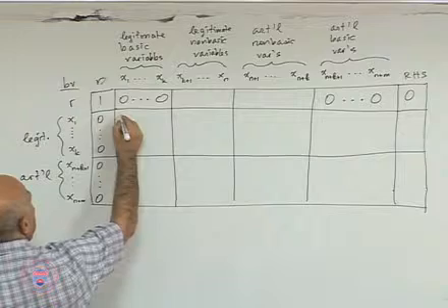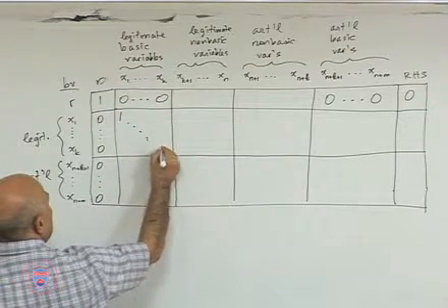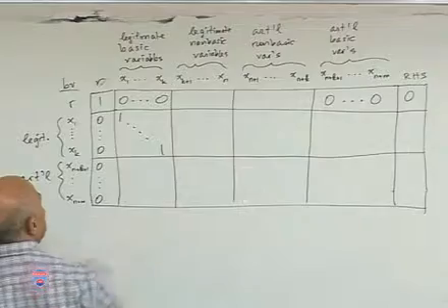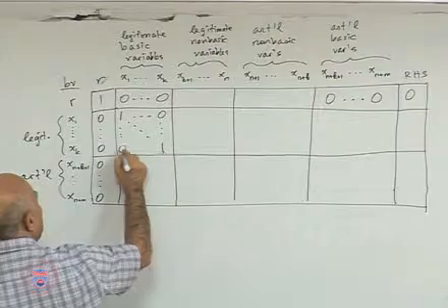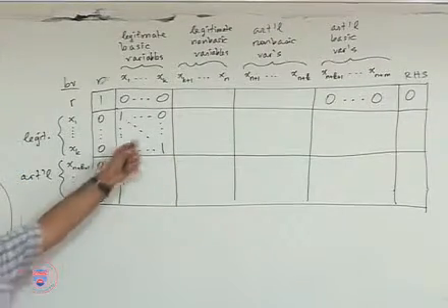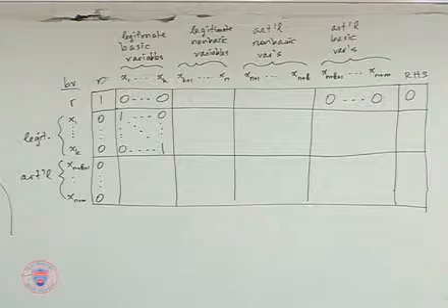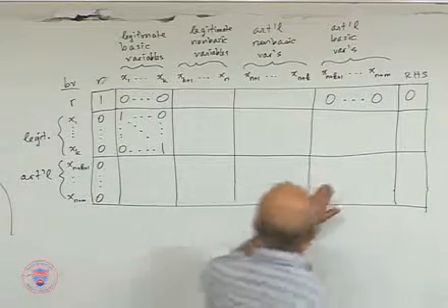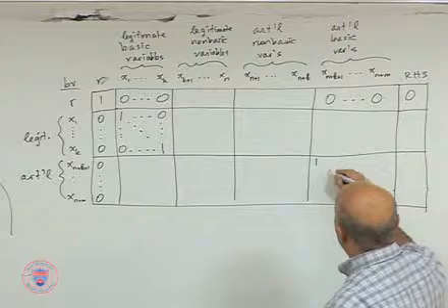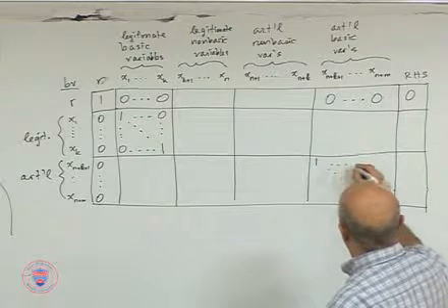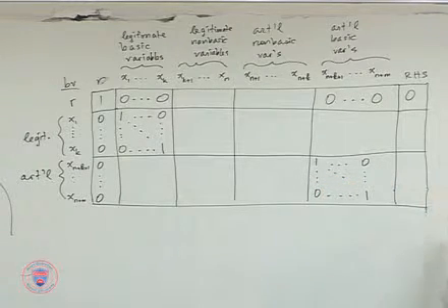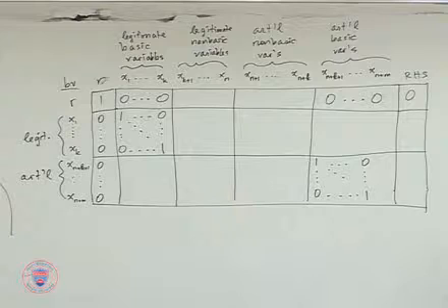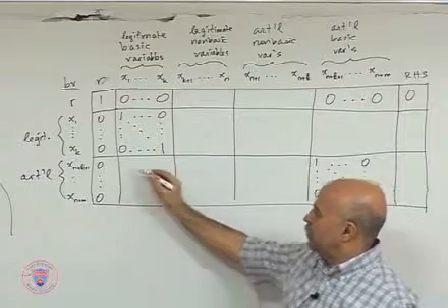Now, we've got our unit vectors here. So there's a big identity here, k by k identity. You also have identity here. What do you have here? We've got 0.